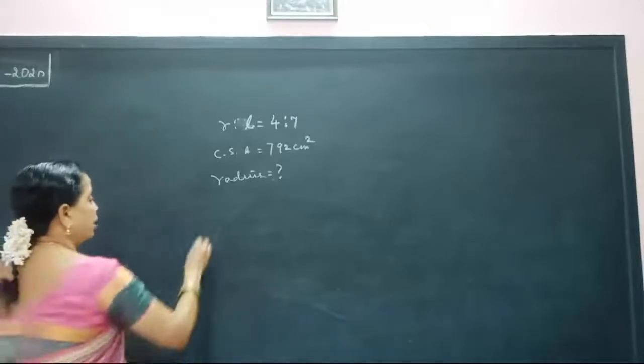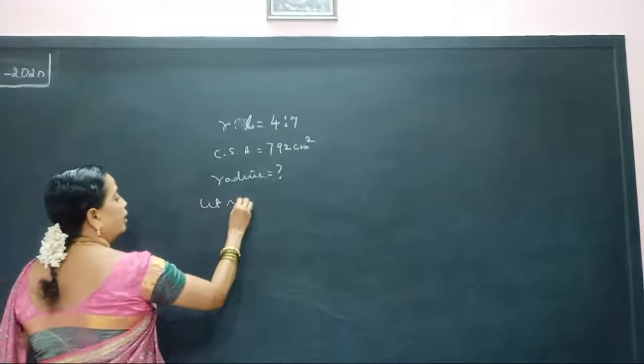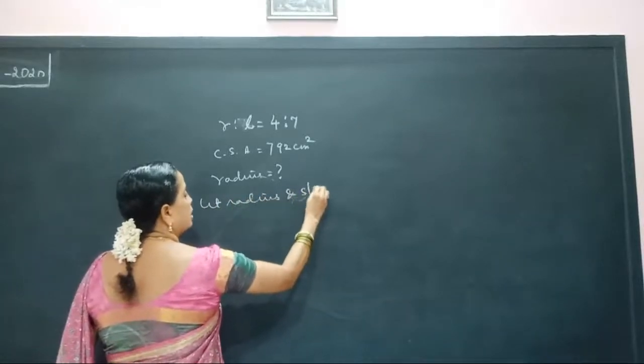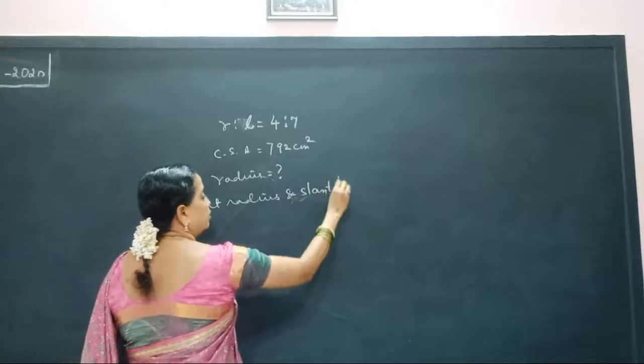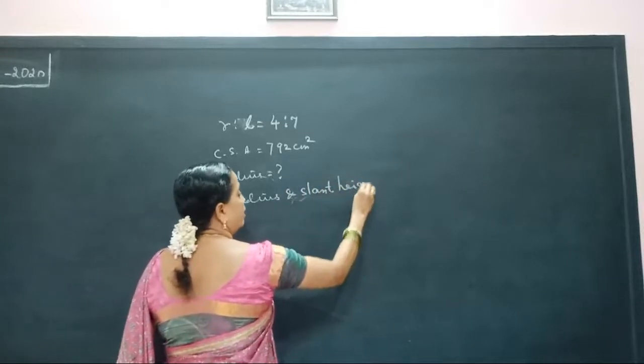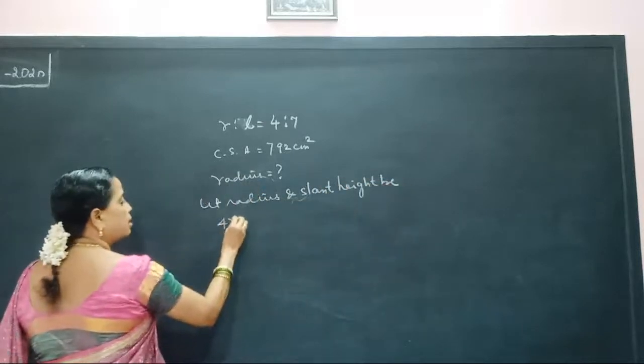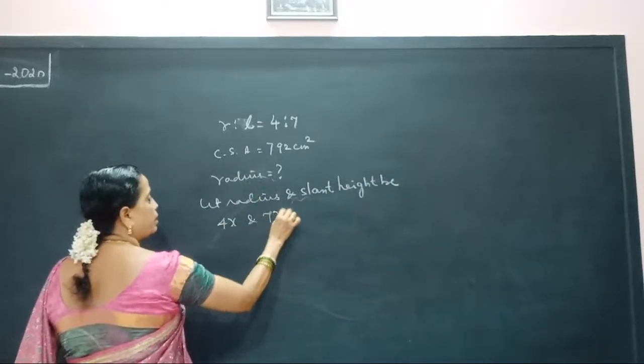Let the radius and slant height be 4x and 7x.